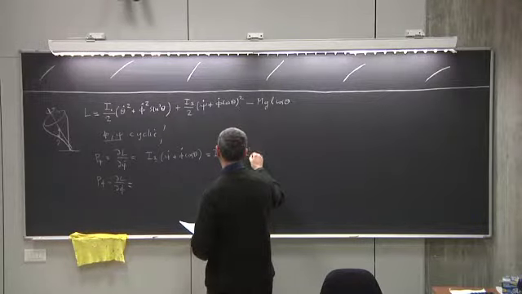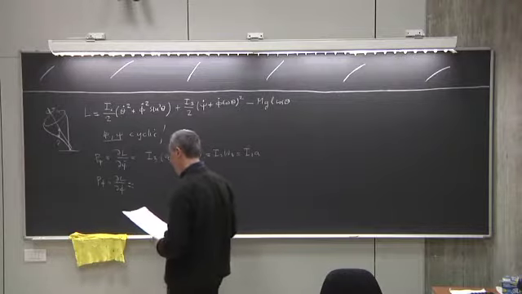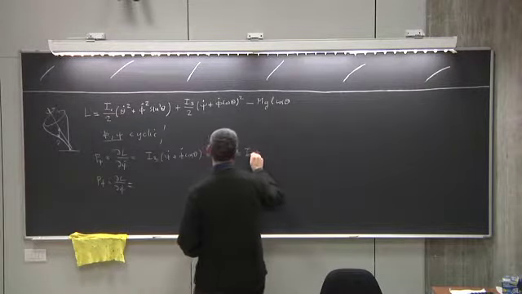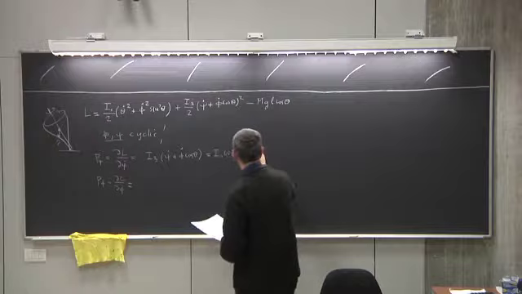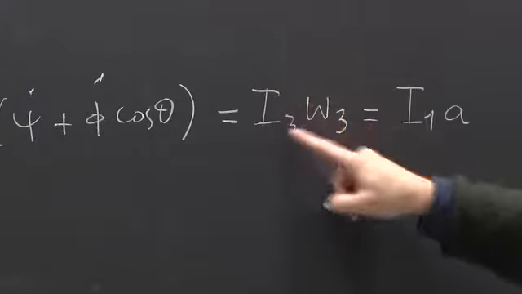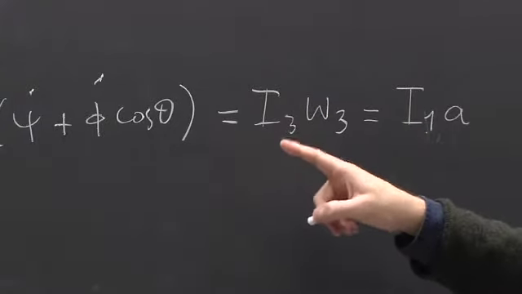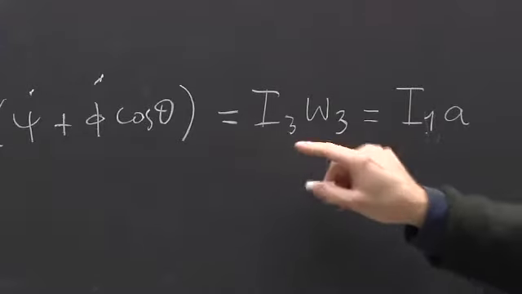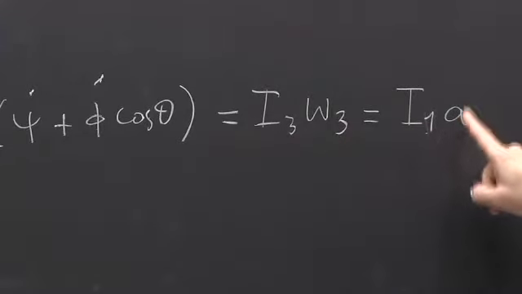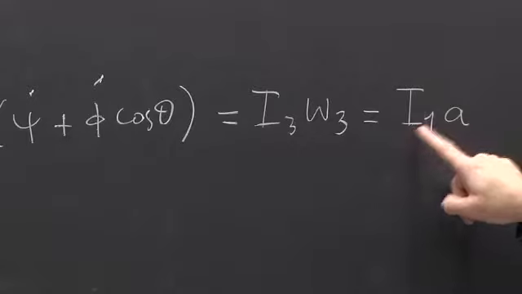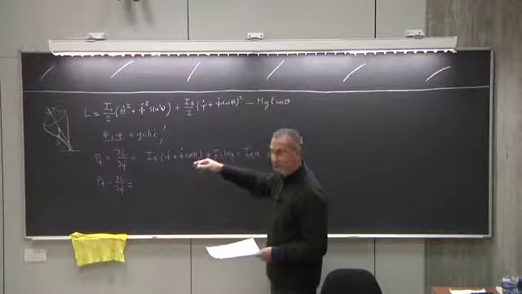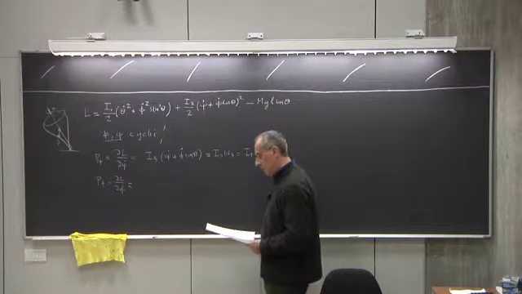So I call this constant, you will see in a second why, I can call it anything I want, right? I decided to call it a constant times I1, because in a second I'm going to collect this term.